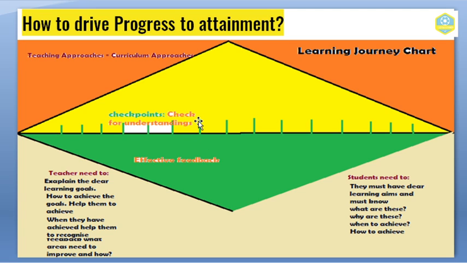You have to provide feedback not only on the success criteria. This feedback mostly works on the weaknesses, on which areas you have to improve, and how to improve, which the teacher has to set. But both learner and teacher should be very clear, and they both have to recognize it, and it can be recognized through feedback.